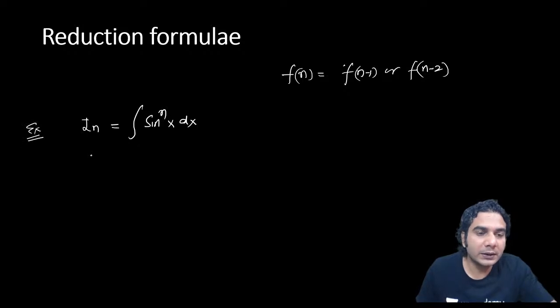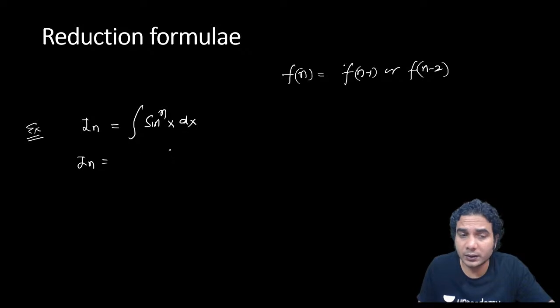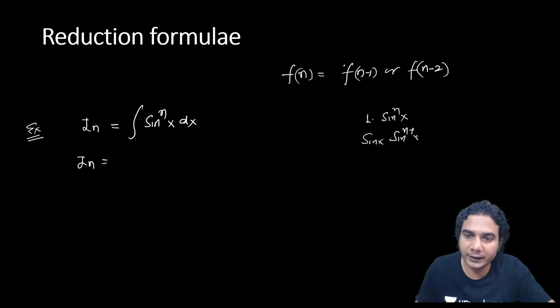So how to form a reduction formula? You need to apply integration by parts, or whatever way of integration you know. There's no restriction in this. So how to start? You have two ways to integrate it. You can write 1 into sine raised to n x, or sine x into sine raised to n minus 1 x, because you don't know the integral of sine raised to n x.